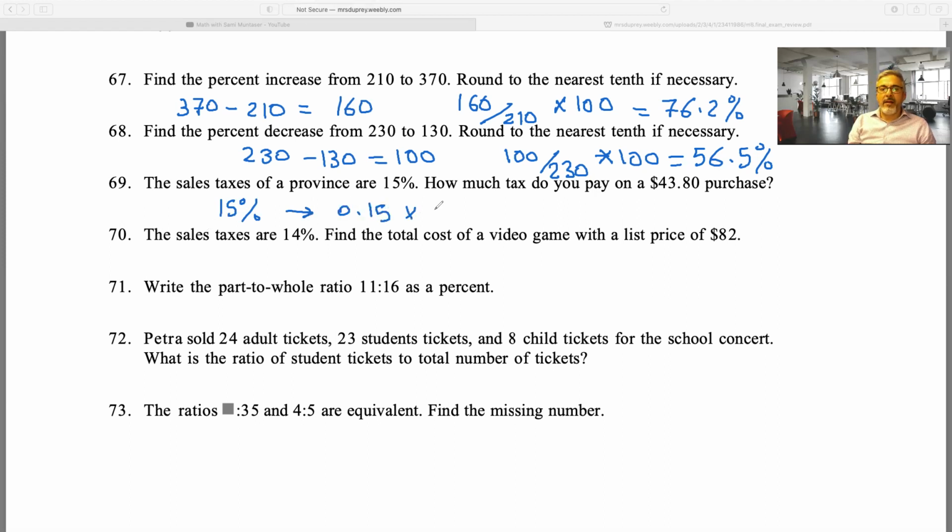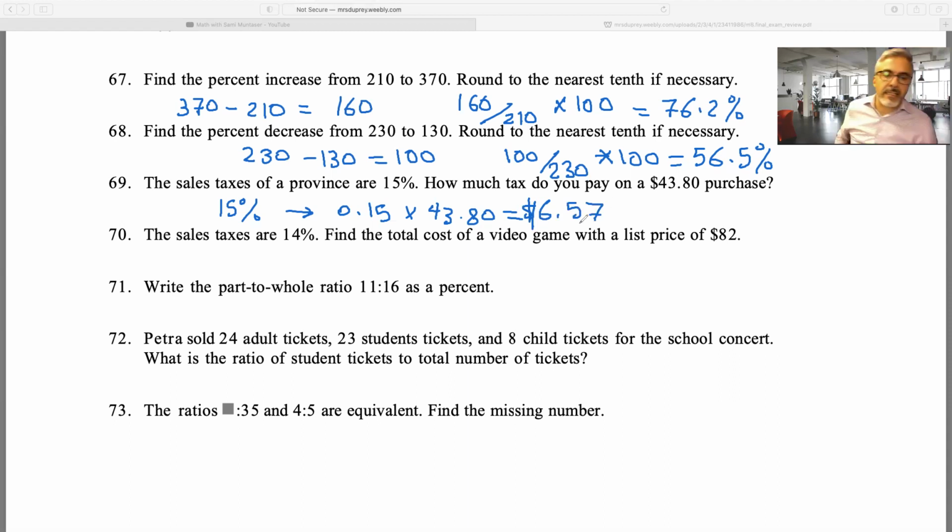Multiply that to the 43.80, so 0.15 times 43.80 equals, so you'll be paying $6.57. A lot of tax.